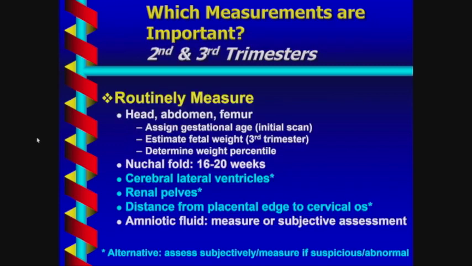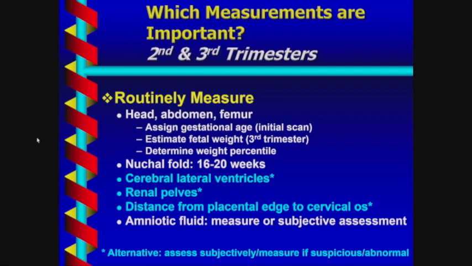And in the second and third trimester, routinely measure the head, abdomen, and femur for age, weight, and weight percentile, and the nuchal fold between 16 and 24 weeks, I mean 20 weeks. Always assess the fetal lateral ventricles, renal pelvis, and the distance from the placental edge to the cervical os.